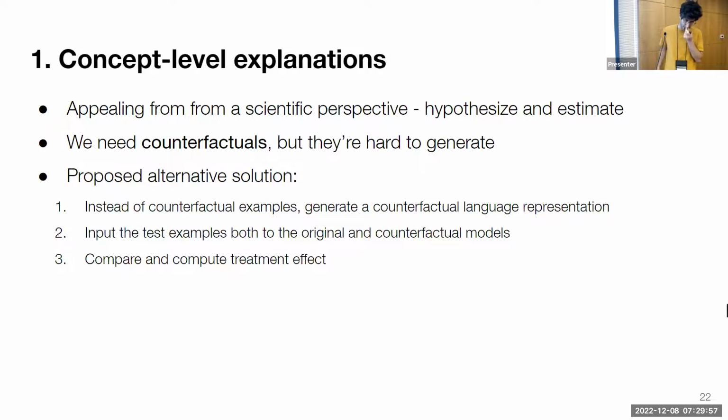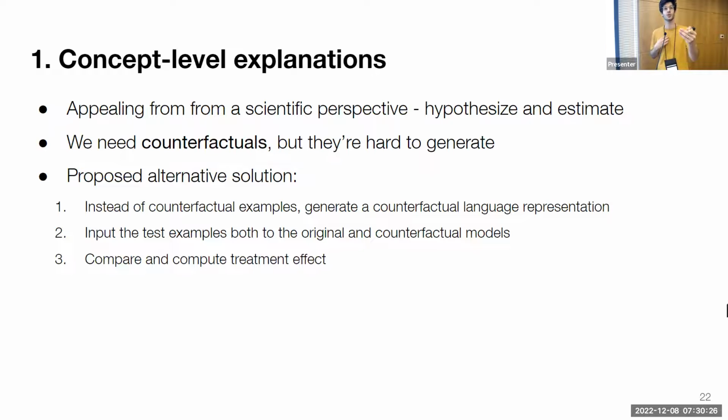All right, so first, concept-level explanation. From a scientific perspective, it's quite appealing, right? We have some hypothesis and want to estimate its effect on our model. We need to have counterfactuals for it, as I mentioned before, but they're very hard to generate, specifically when we are talking about high-level abstract concepts. There is a proposed alternative solution here, right? Because we can actually intervene on our model, instead of counterfactual examples, we can generate a counterfactual language representation.